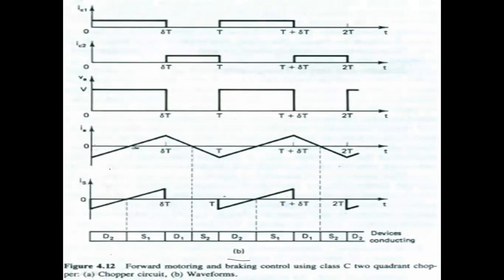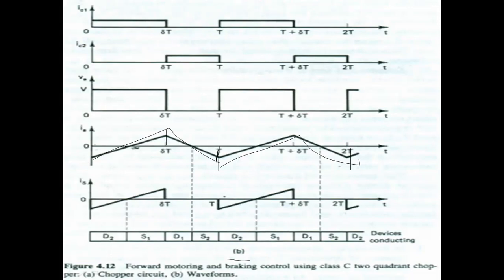If you see the waveforms, IA is symmetrical about the time axis. This is called symmetry. Next, as the speed decreases, IA will increase, and the entire waveform of IA will be shifted upwards.